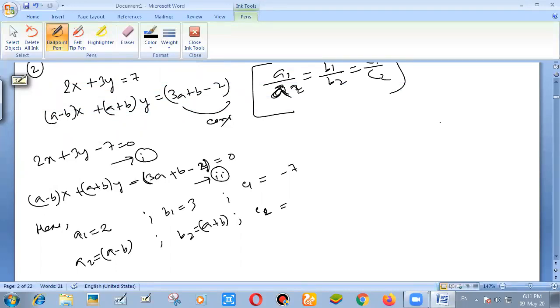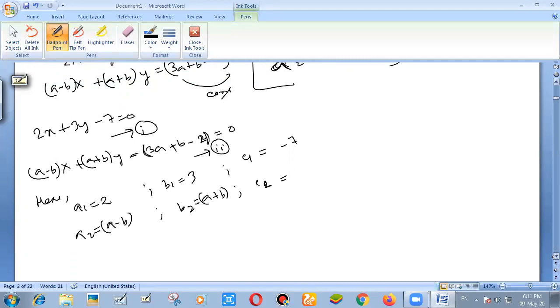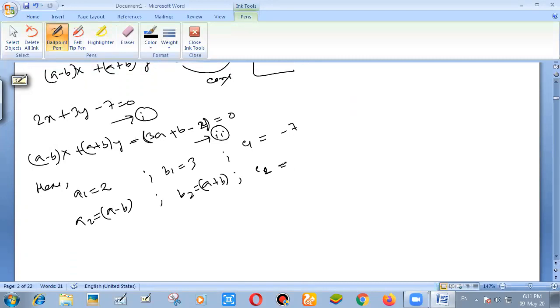So c2 will be minus, within bracket, 3a plus b minus 2. Clear? Now the condition is given that these two equations have infinitely many solutions. So write down.